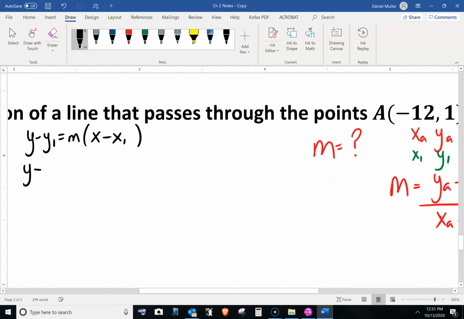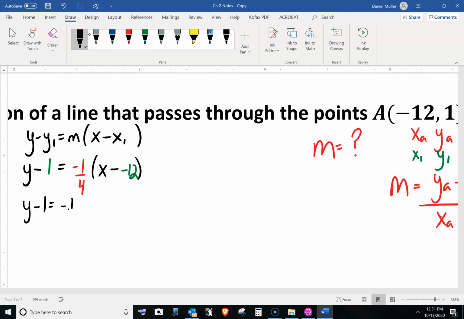So y minus y1 is over here, it's 1, equals our slope, which I think was negative a quarter, bracket x minus, now x1 was negative 12. So I got that double negative thing going on here. So I'm going to have y minus 1 equals negative a quarter x plus 12.